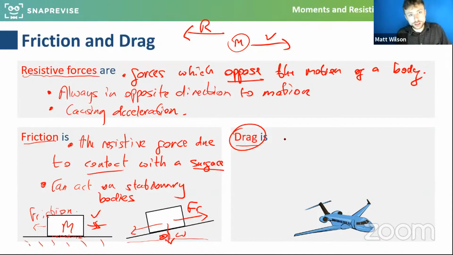So this one is caused by moving. Here's an interesting question. I want to say it's moving through a liquid or a gas. Does anyone know a word I can use for a liquid and a gas at once? So anything that's not a solid. So caused by moving through a something.